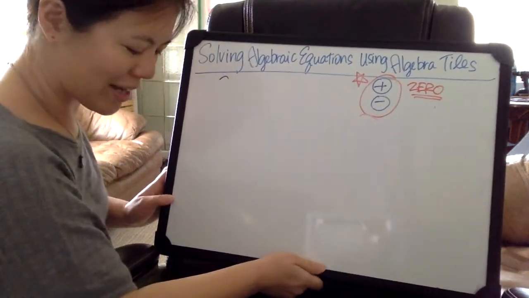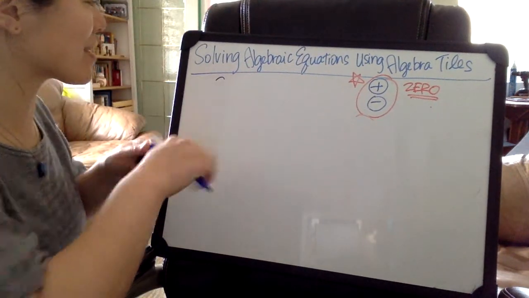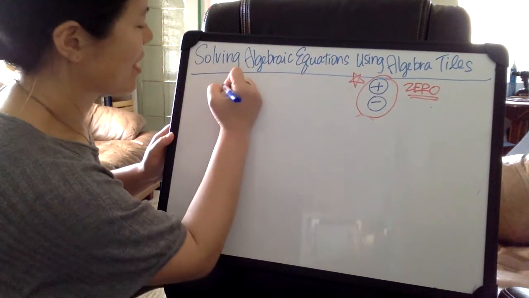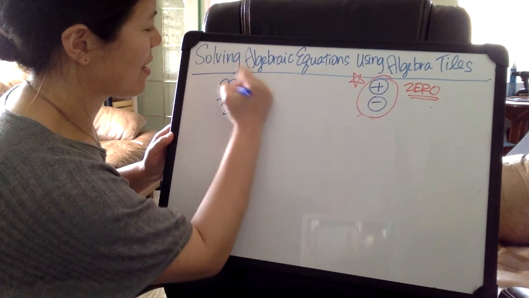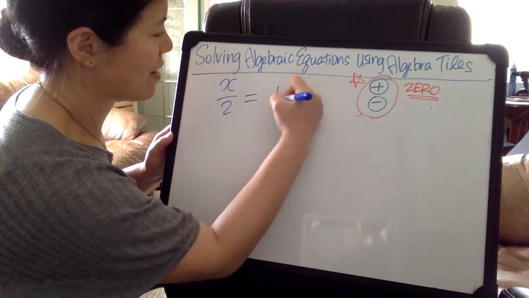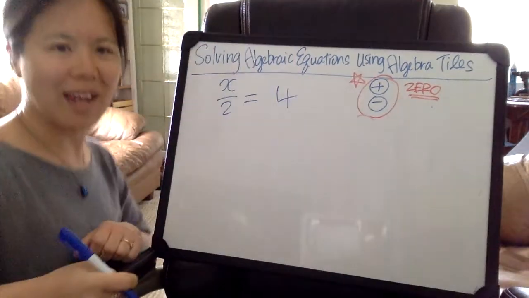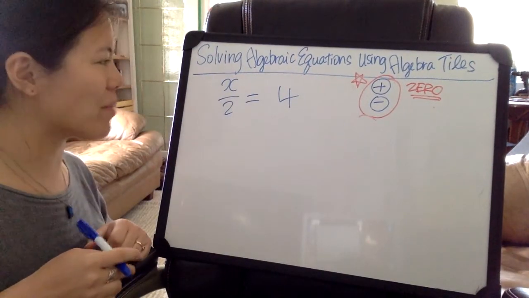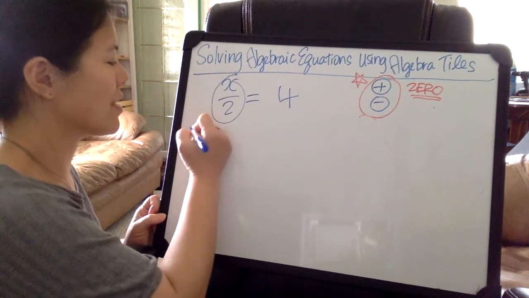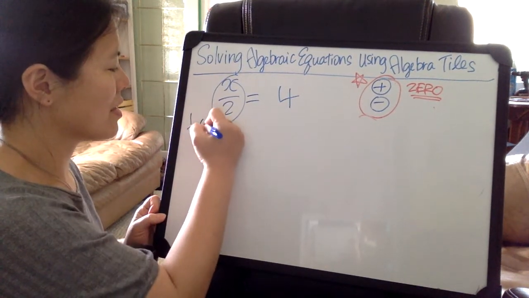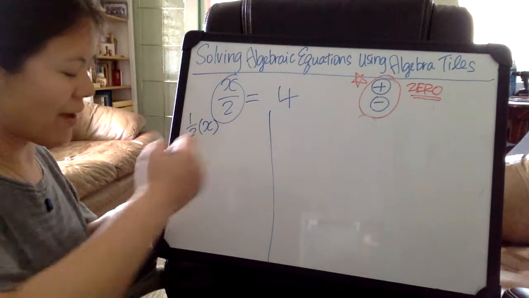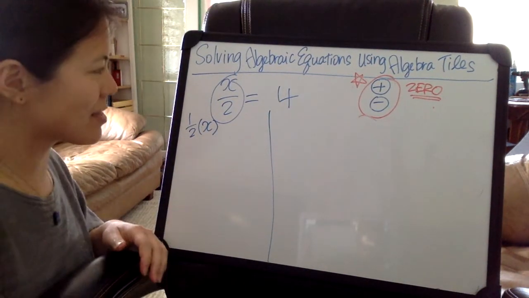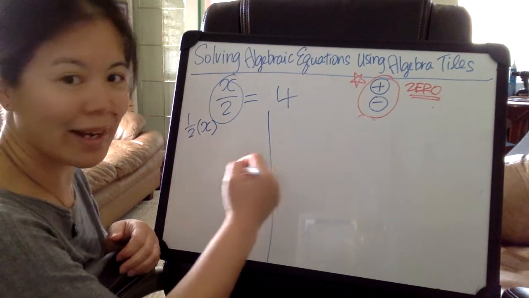What if now it is like this? What does that mean? How can I represent this? This means half of x, right? So once again, divide that. That means I don't quite have 1x.